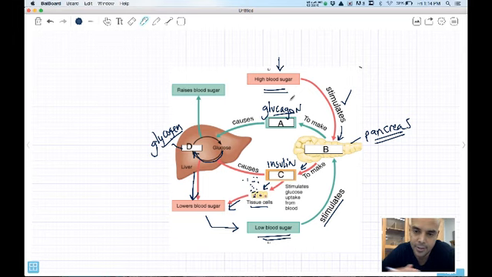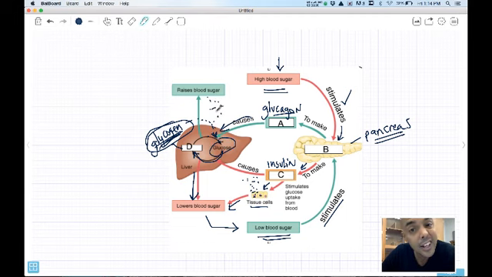Just remember the pancreas makes glucagon, which causes your glycogen to break down. Glucagon's job is to break this polysaccharide back to monosaccharide, which gets released into your blood, kind of like eating again. It raises your blood sugar.